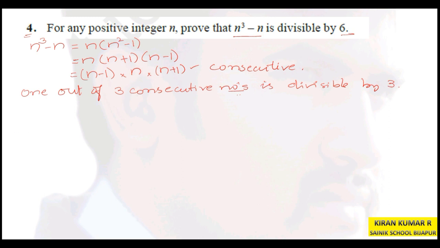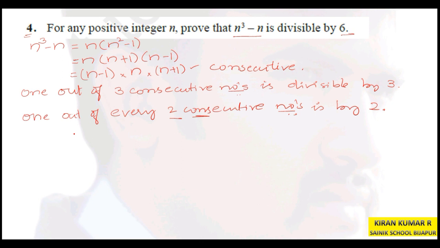And we also have a result: one out of every two consecutive numbers is divisible by 2. The reason is, when we consider 2 consecutive numbers, one will be an odd number, the other will be an even number.